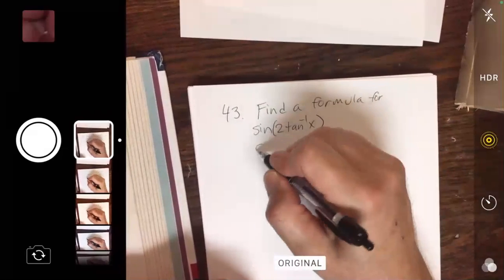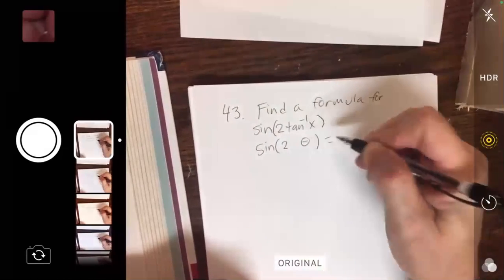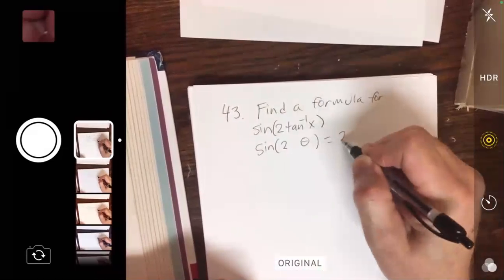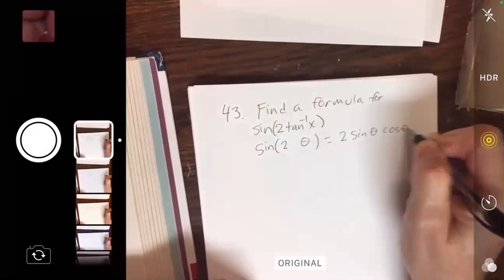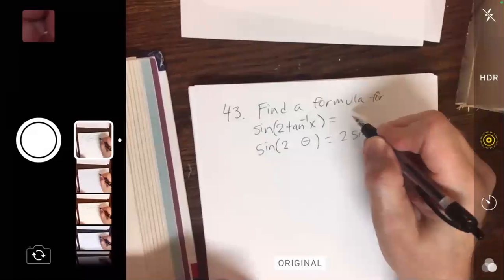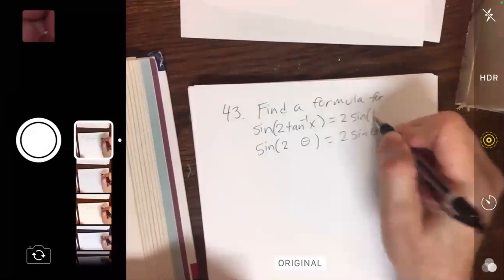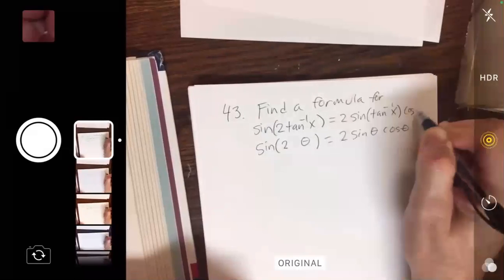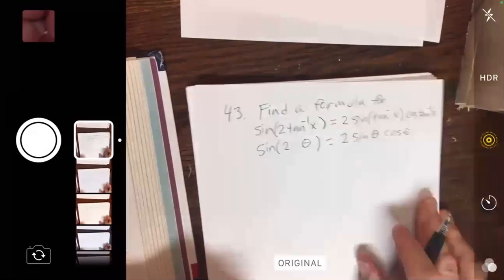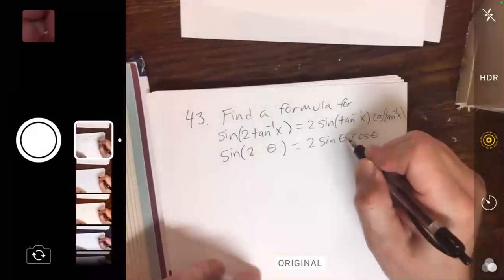Well, sine of twice, I'll use a theta then. Remember, it was twice sine theta cosine theta. So that is going to be twice the sine of arctangent x times cosine of arctangent x, theta being the arctangent x.